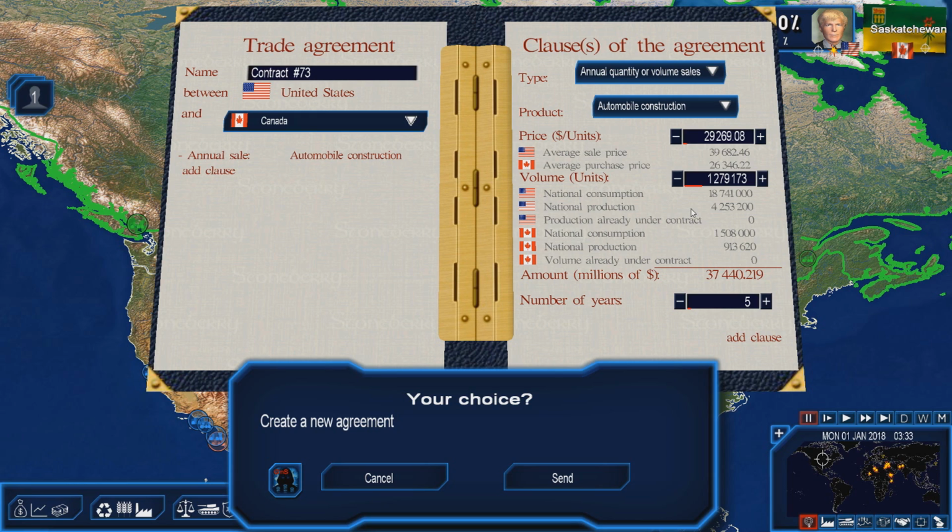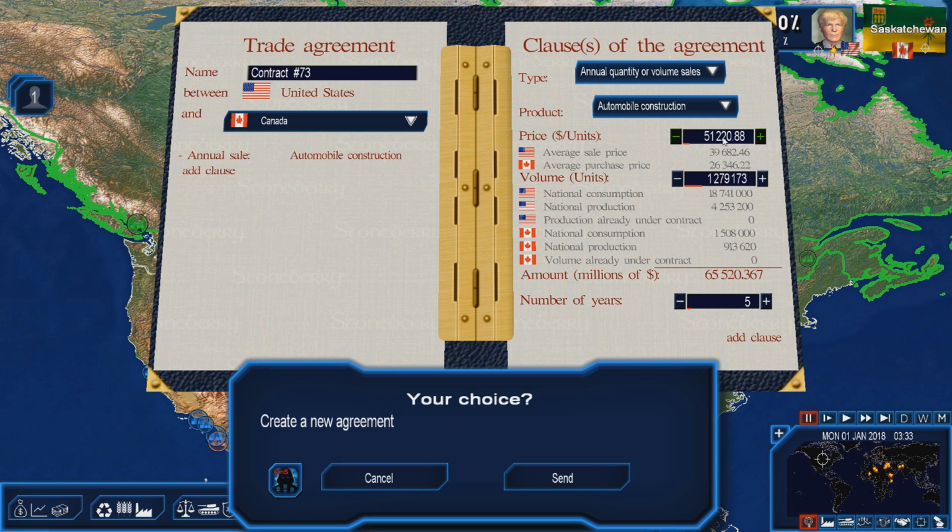$39,000. So the purchase price is how much a country wants to use to buy, and the sale price is how much you are supposed to sell it for. So a good contract is getting that above your sale price. If I wanted to get a good contract, I would want to sell that for maybe 40, 45,000, maybe 50,000.